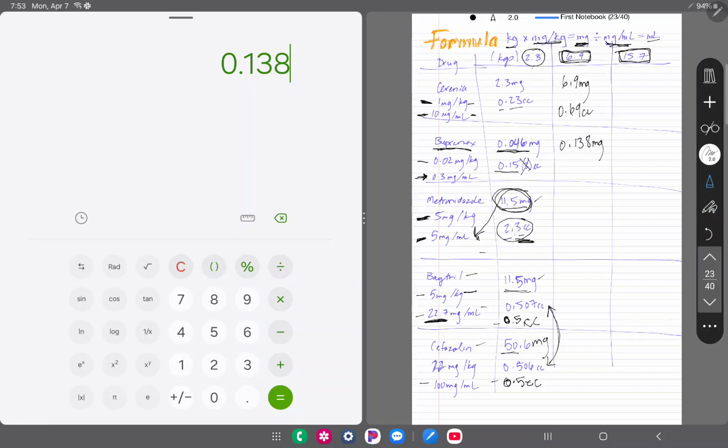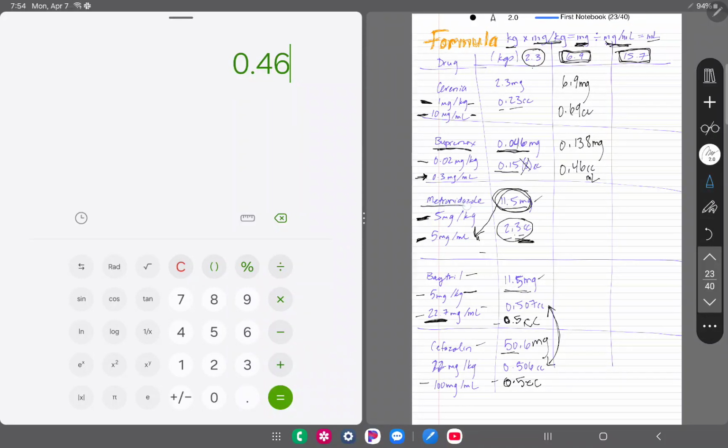I'll divide it by concentration, or mg per mil, which is 0.3, and you get 0.46 cc's, or you can write mLs. They are the same thing when talking about the volume that we're drawing up. So you can state either in your medical record or when you're talking about the volume you're drawing up for an animal.